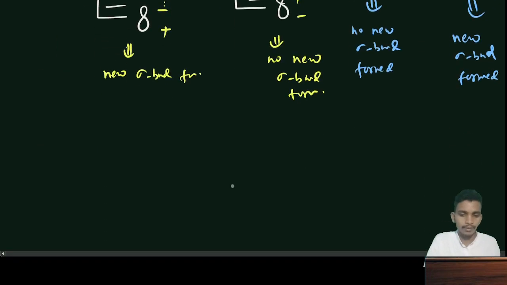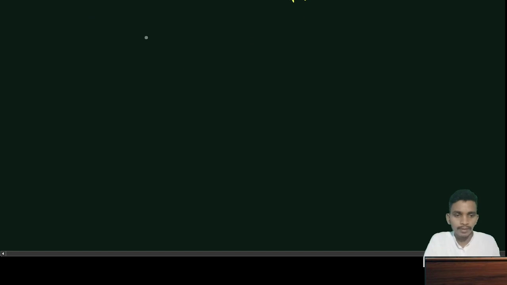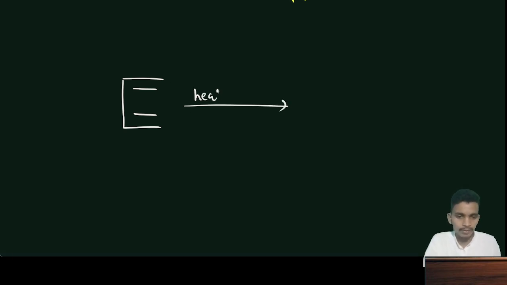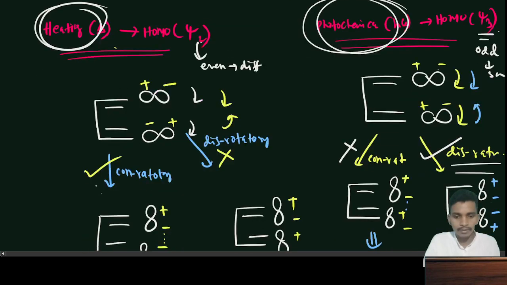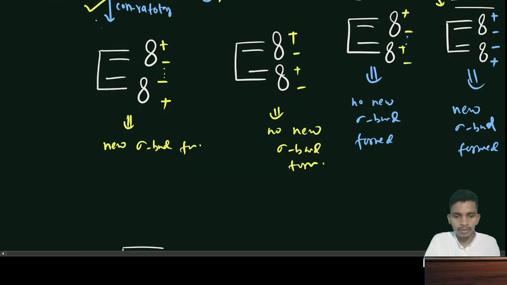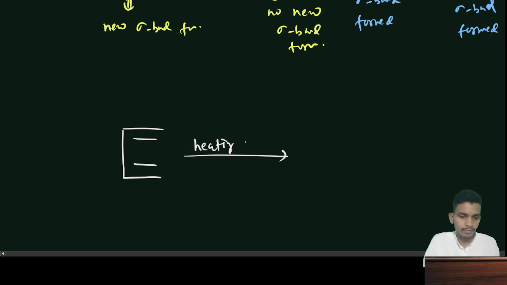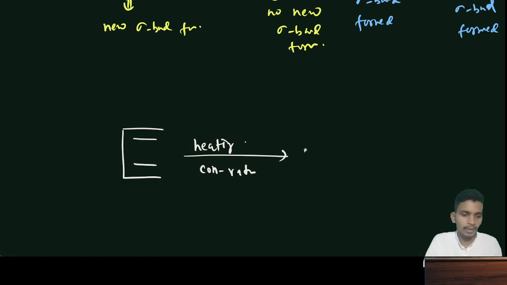Okay, so if this is the substrate, then on heating, where does the bond formation happen? On heating, conrotatory, the new sigma bond forms.